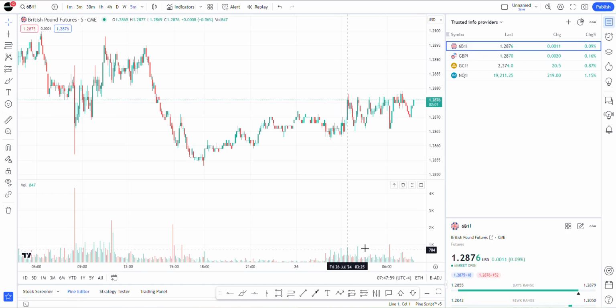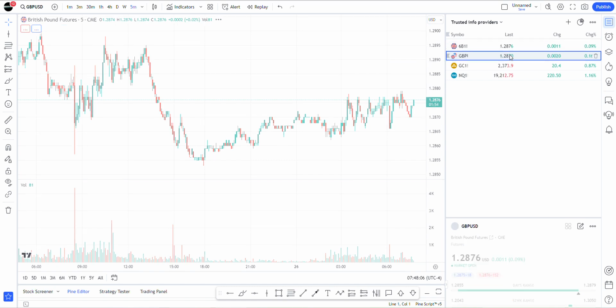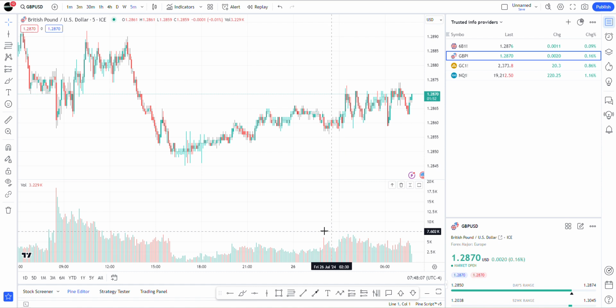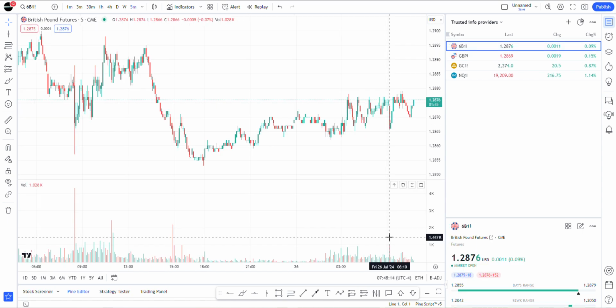I tend to lean on this volume more, but this volume should also be correct, somewhat correct.